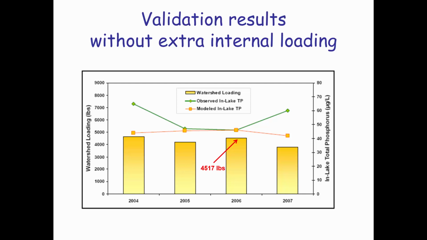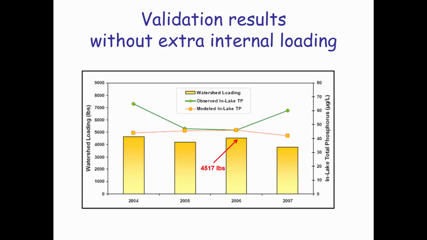The observed water quality in the lake in micrograms per liter is shown by the green diamonds, and we can see that the predicted water quality in the lake, which is the yellow squares, is essentially perfect for the 2006 conditions, with the watershed load of 4,517, which is a measured watershed load, and this would be with no internal loading component.